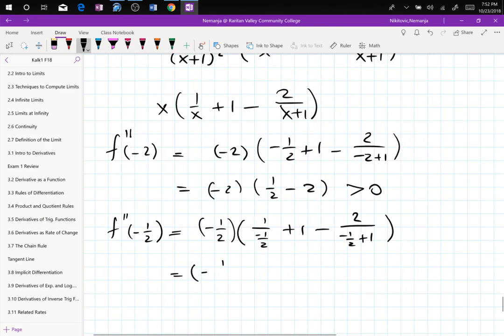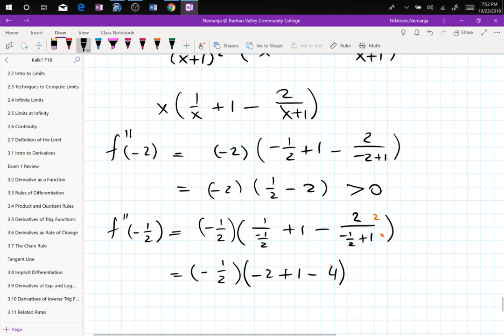So I have -1/2 times this is -2 plus 1 minus, now multiply top and bottom by 2 for this double fraction to kill the double fraction. So when you do that, you get 4 over 4. You just get 4. That's all you get. 4. Because you have 4 over 2 minus 1. Yep, that's 4.